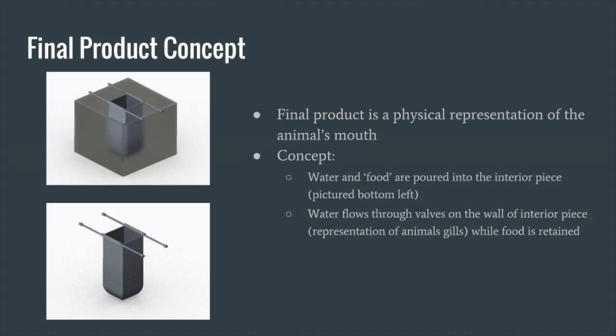It's a physical representation of the animal's mouth, and the concept is that the teacher or whoever is performing the lesson can pour water that has a proxy food in it into the interior piece, which is pictured at the bottom left, and the water flows through valves that are on the wall of this interior piece, which is a representation of the animal's gills, and the food that is within the water being poured will be retained, which will show the students how water is able to be poured through, but the animal within its mouth is able to retain the food.